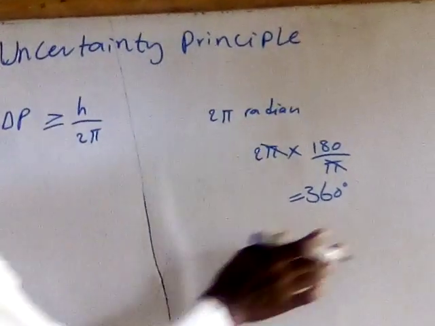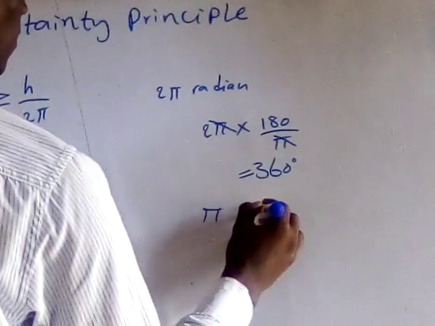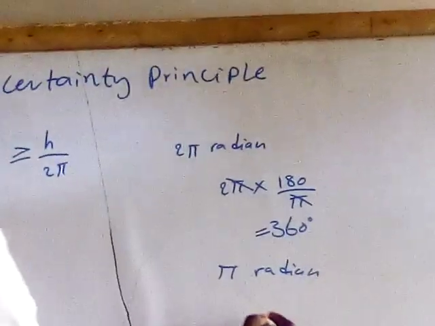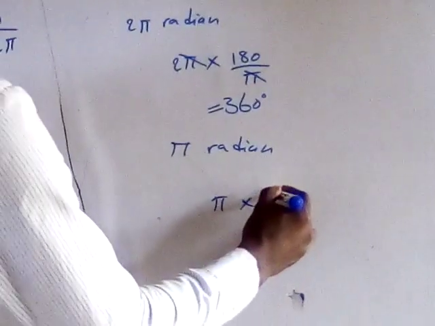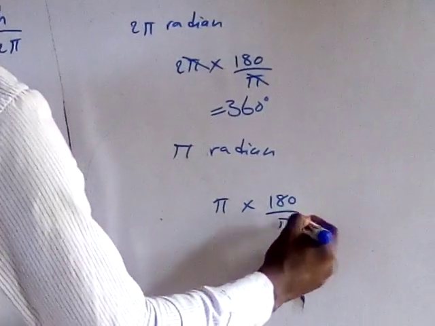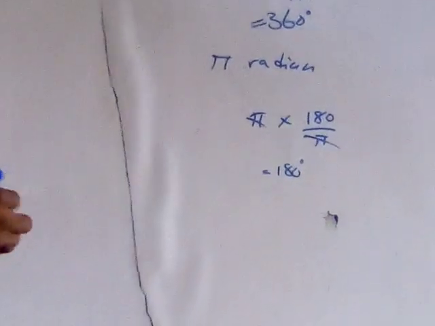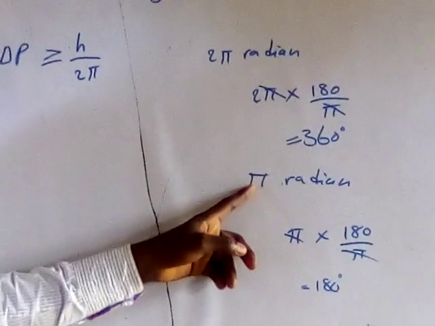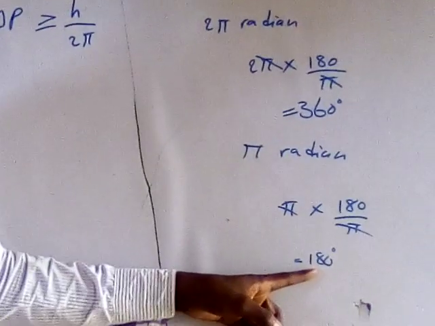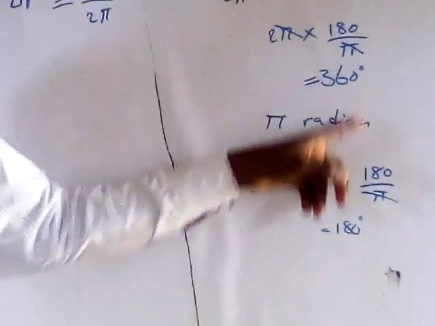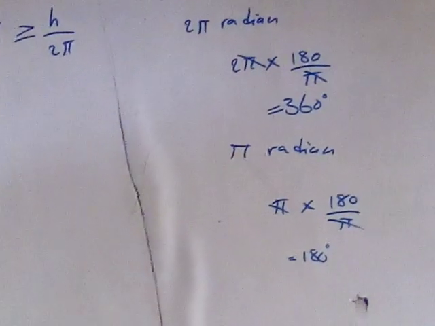The same thing goes with pi radians. If you are changing it to degrees, that is going to be pi times 180 over pi. Pi cancels pi, we are left with 180 degrees. So that means that pi radians in degrees is 180 degrees. 2 pi radians is going to give us 360 degrees, and so on.